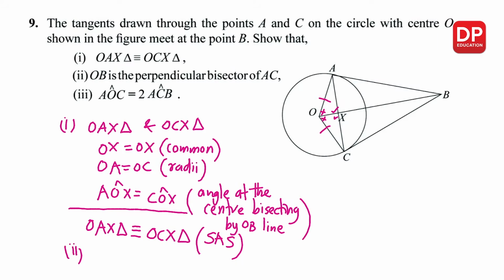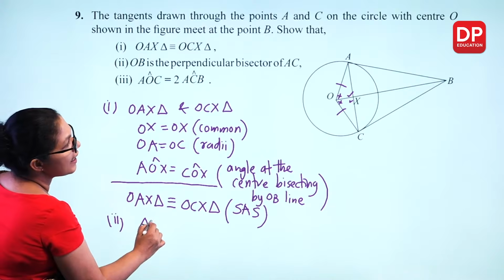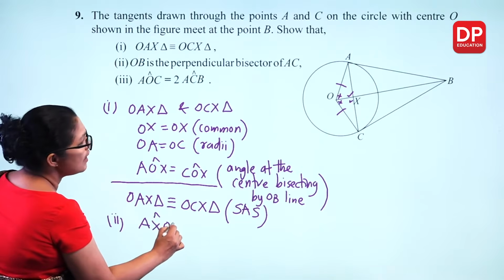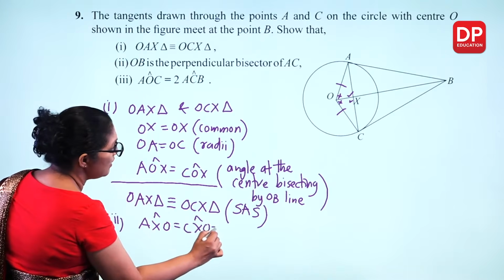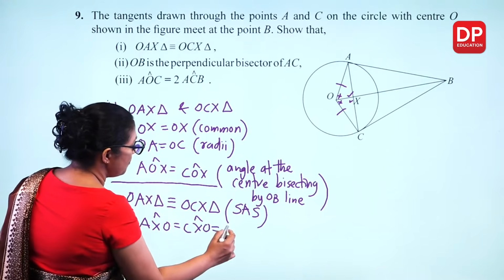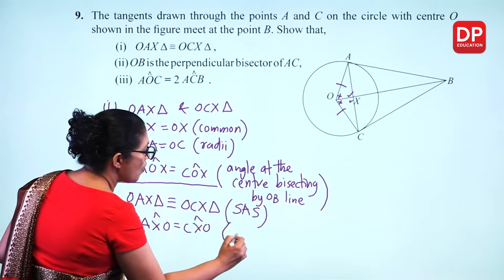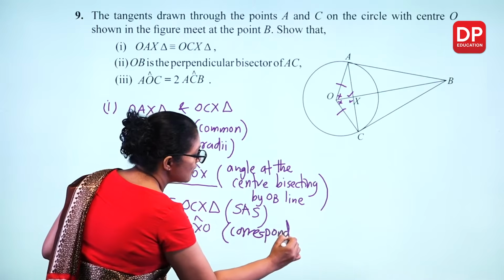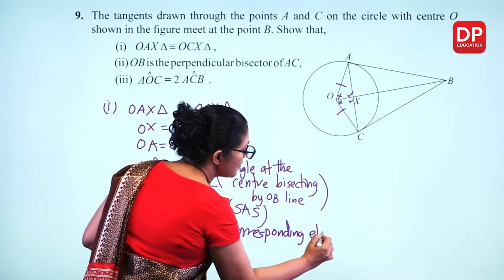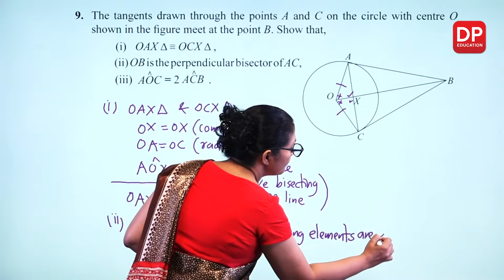So, second part we can straight away write down angle AXO is equal to angle CXO because corresponding elements are equal.